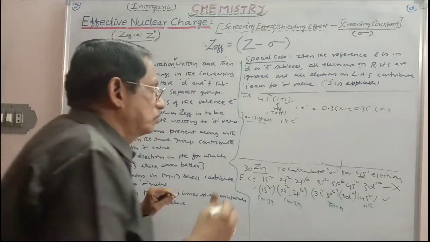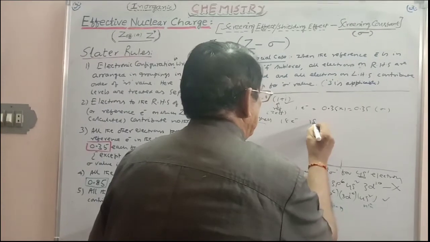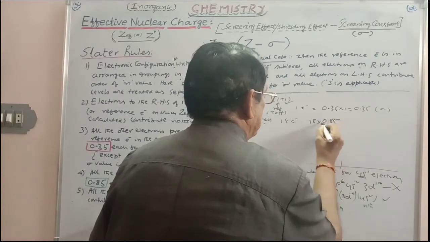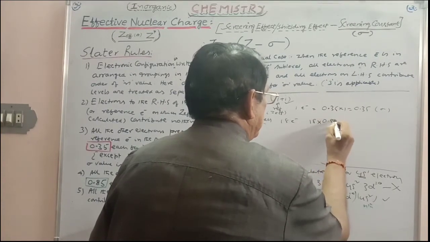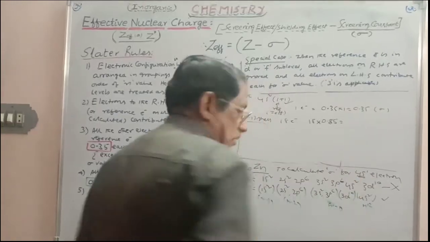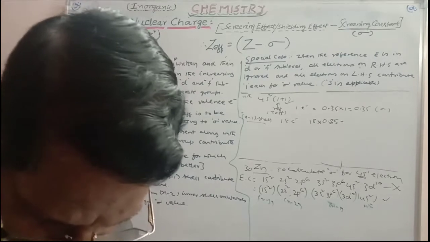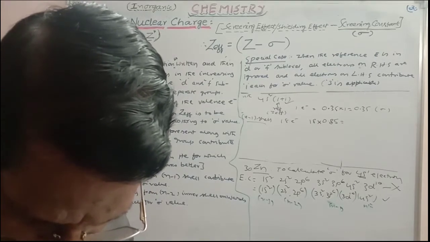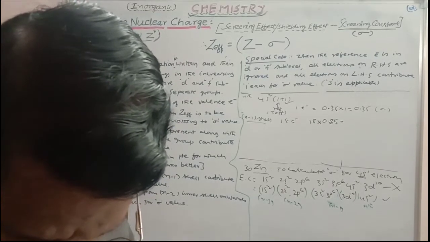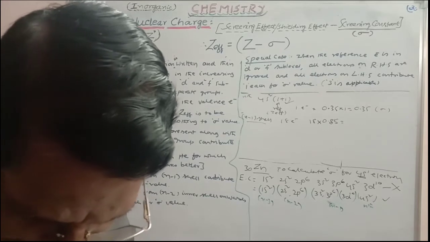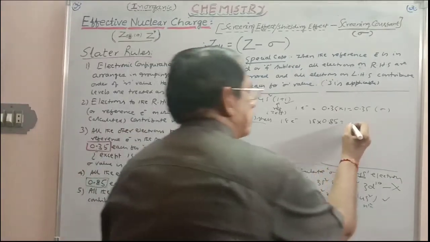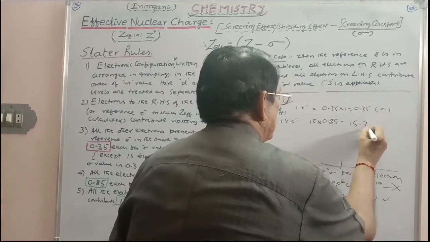So this is equal to 18 into 0.85. How much value can you obtain here? 15.3. This is the sigma value.